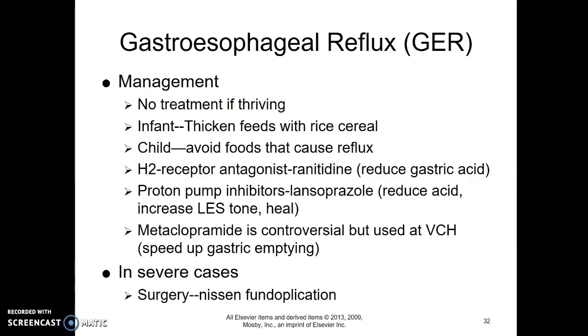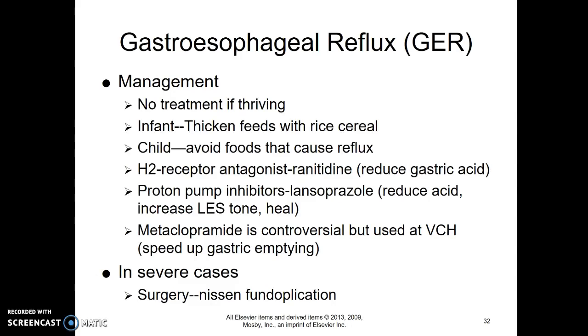So putting anywhere from a teaspoon to a tablespoon of rice cereal per ounce of formula, to make it a little thicker so it doesn't come back up quite so easily. And then, of course, sitting them up for an hour or more after eating. Don't feed them laying down, but have them in a reclining position, but not flat.